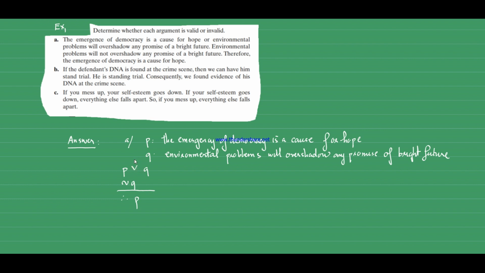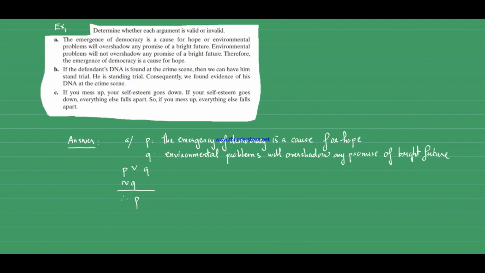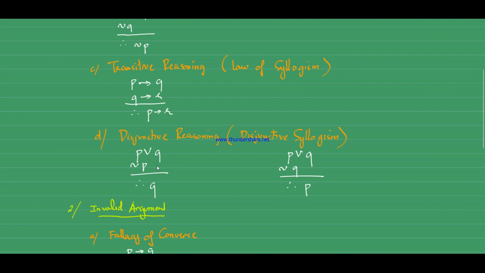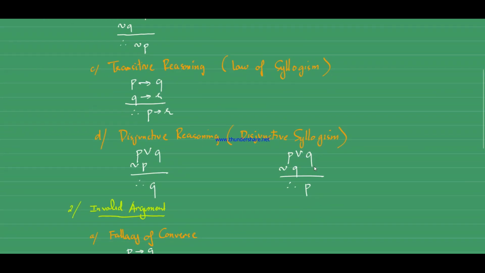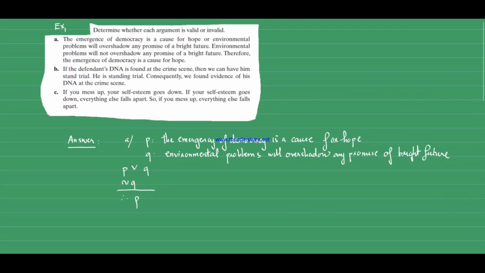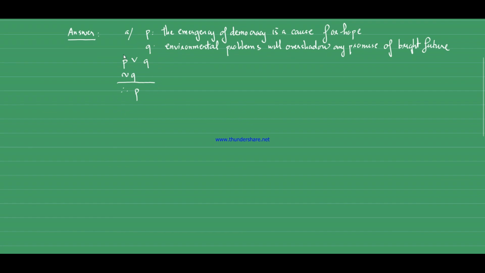So P disjunction Q, negation of Q, therefore P. Let's look at it: P disjunction Q, negation of Q gives you P. So this looks valid. Okay, this is valid. Pretty easy, right? Very easy.